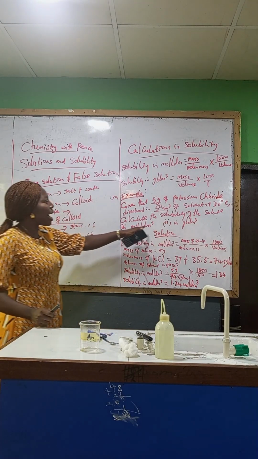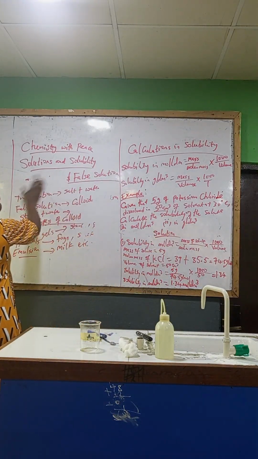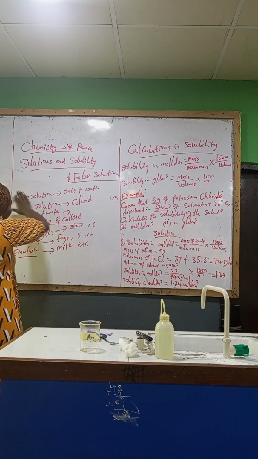Then we now have another question. The question says find the solubility in gram per dm cube.